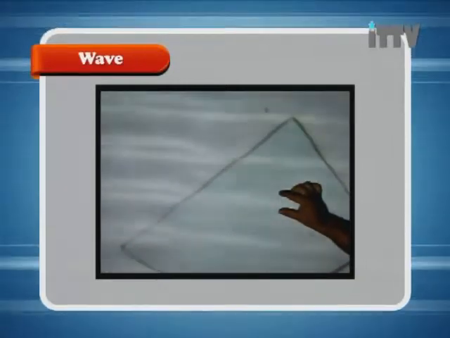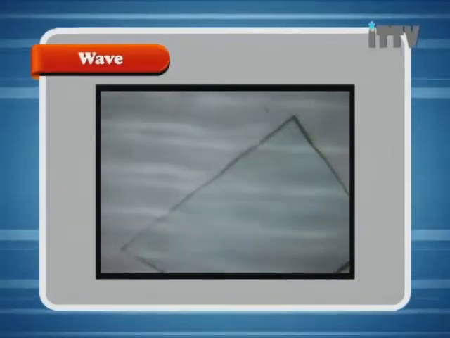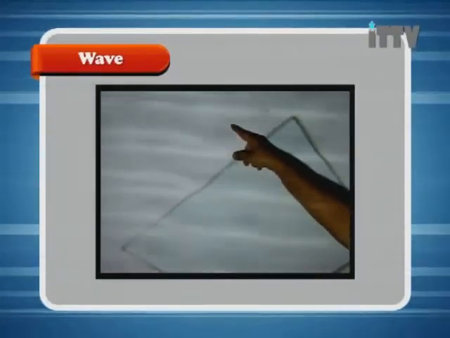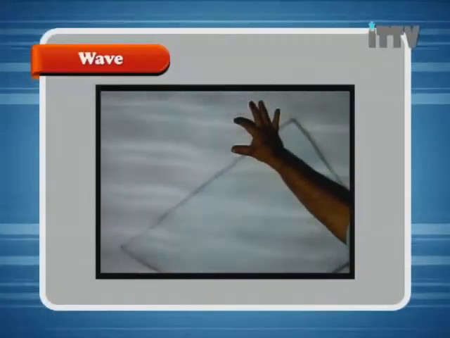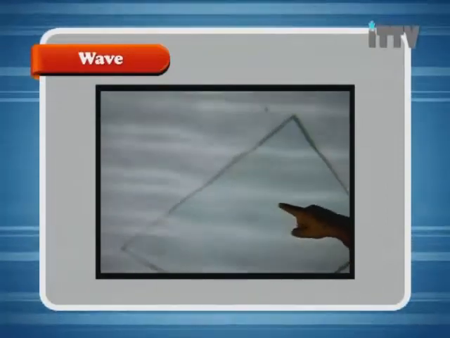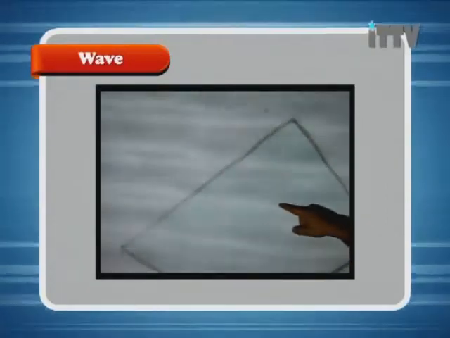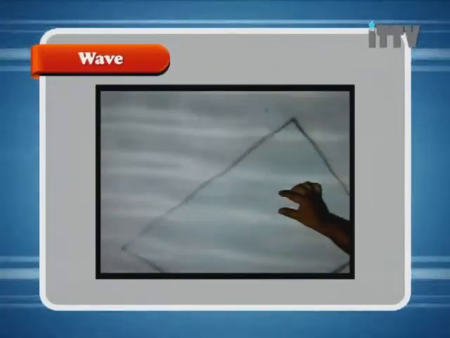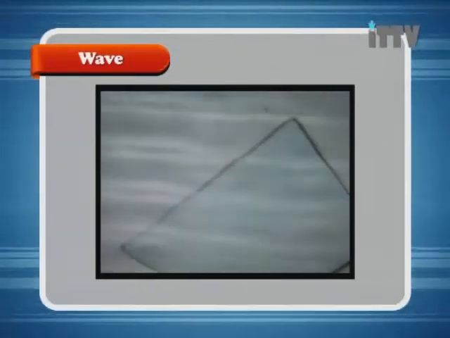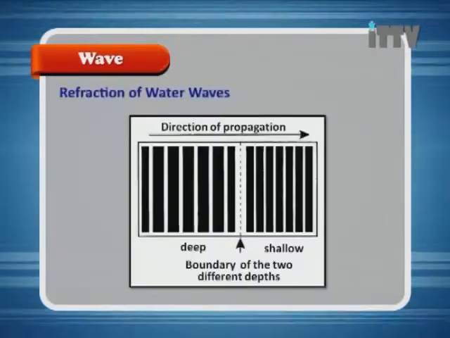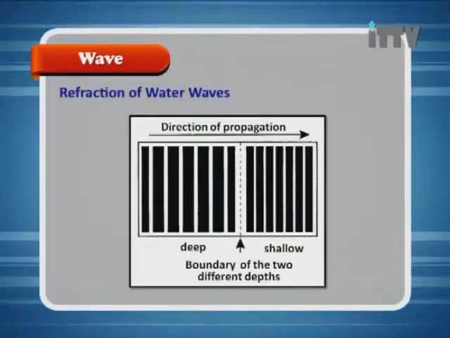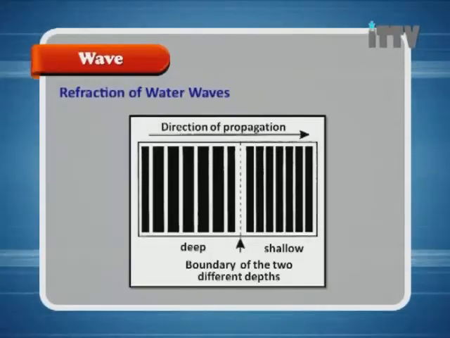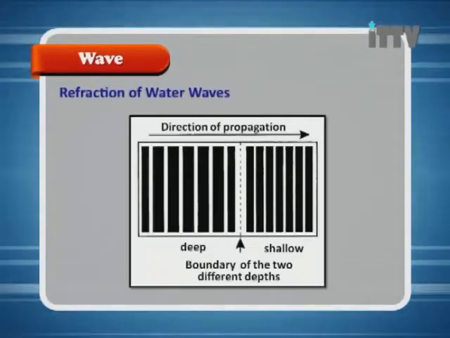The problem is you can't really see a water wave slowing down very clearly. What you do notice is the wavelength of the water is decreasing as it enters into the shallow region. This decrease in wavelength is the indicator that the velocity is decreasing. So, in the deep water, you have a longer wavelength, but in shallow water, you have a shorter wavelength.